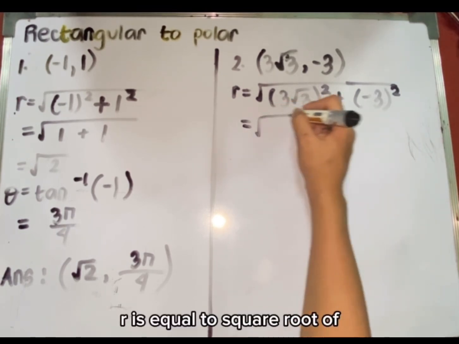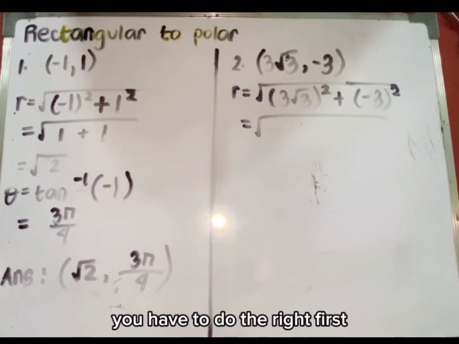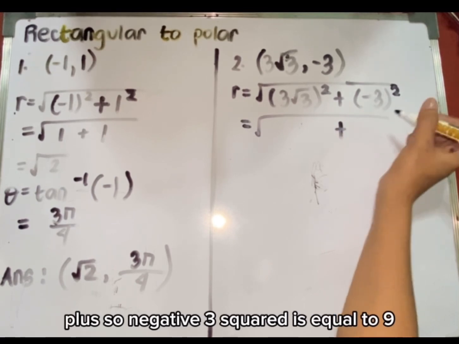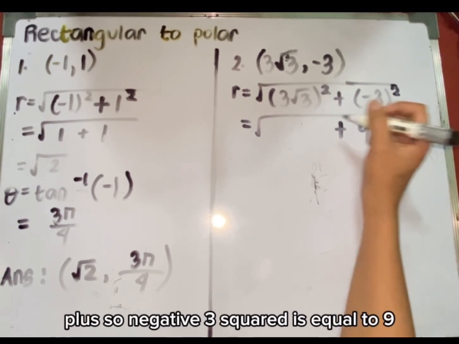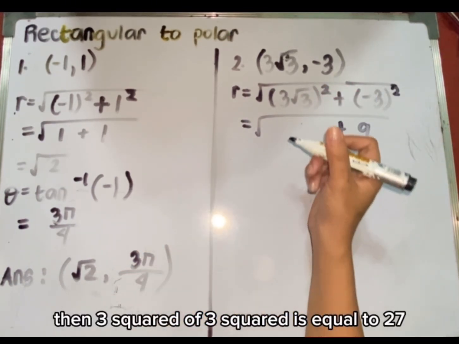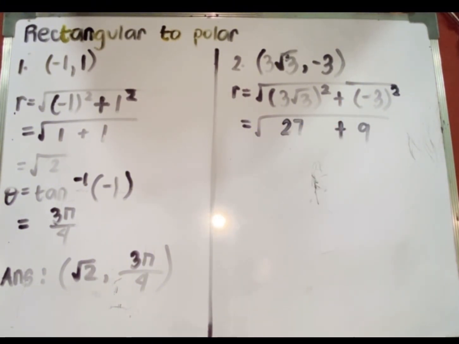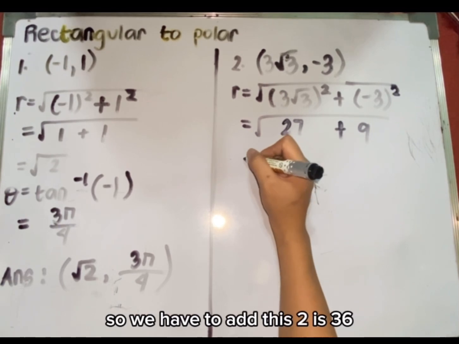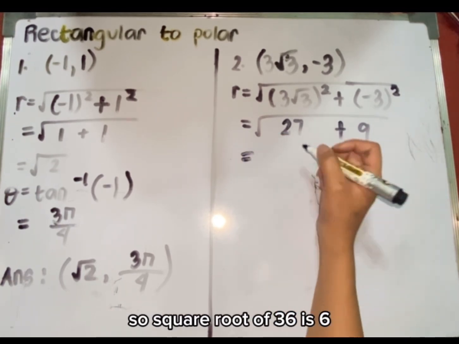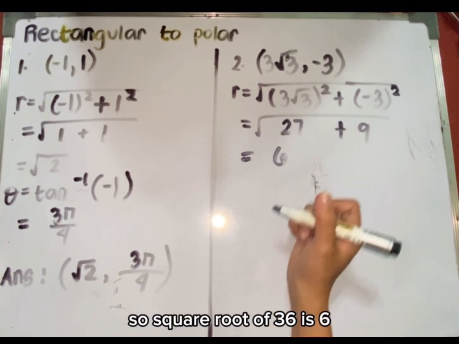You have to do the right first, so negative 3 squared is equal to 9. Then 3 square root of 3 squared is equal to 27. So we have to add these two. It's 36. So square root of 36 is 6.